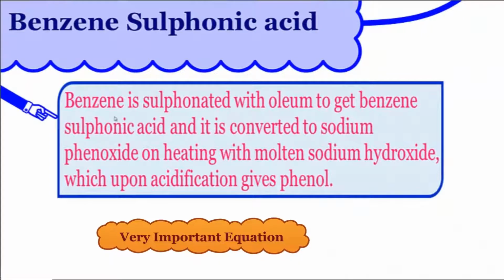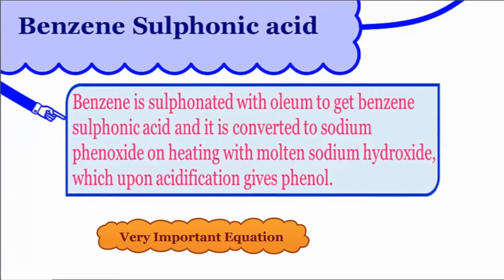So the first step is sulfonation carried out with the help of oleum, so that benzene gets converted to benzene sulfonic acid, and this on treatment with molten sodium hydroxide will give sodium phenoxide, which on acidification will give phenol.